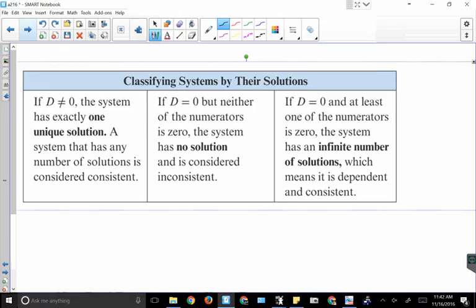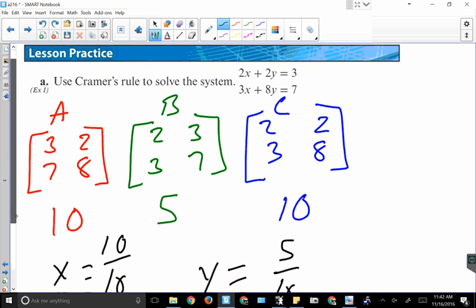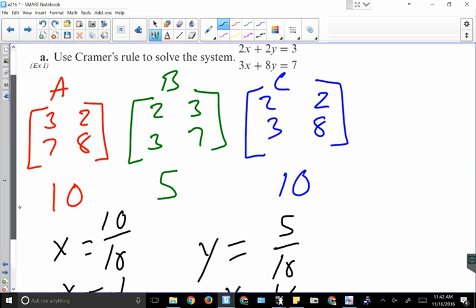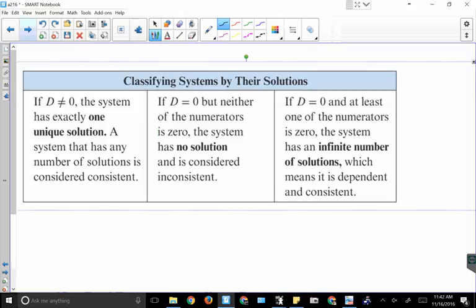Now, if D does not equal 0, you're going to get a solution. When we were doing this, my D, the determinant in the denominator, the C, turned out to be 10. When I was able to divide each one of these by 10, it worked. So if none of the determinants are 0, we're great.